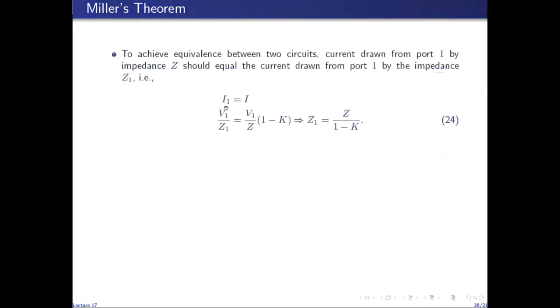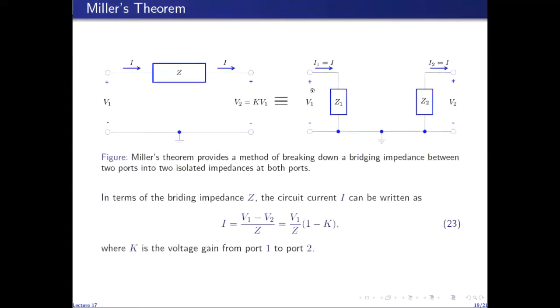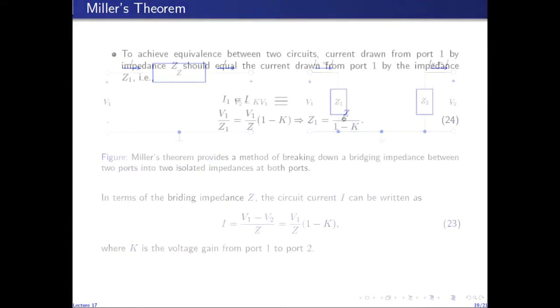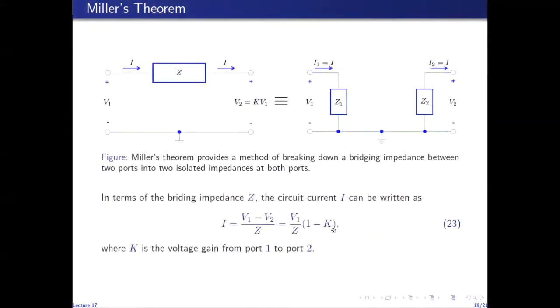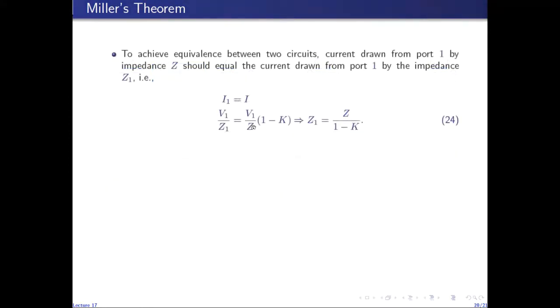So for the constraint I1 to be equal to I, we equate I1, which is V1 over Z1, with this expression, and a simple manipulation of this gives us Z1 in terms of Z and K like this.